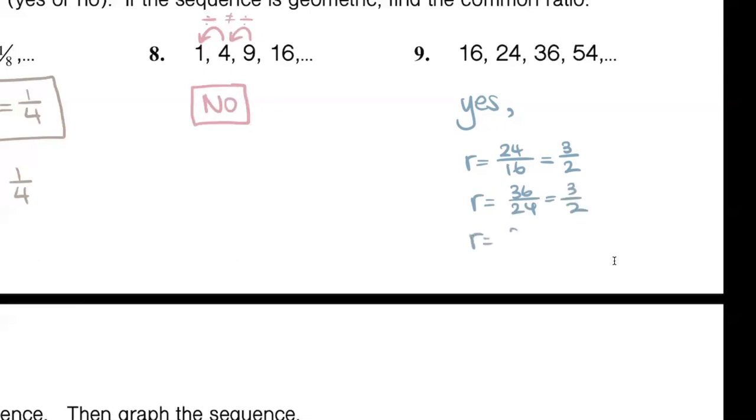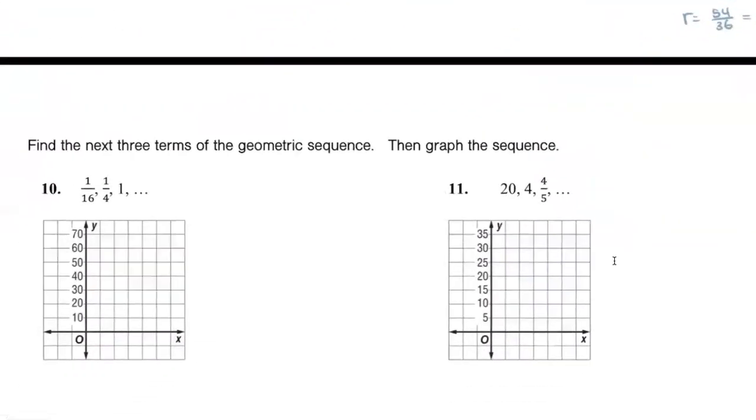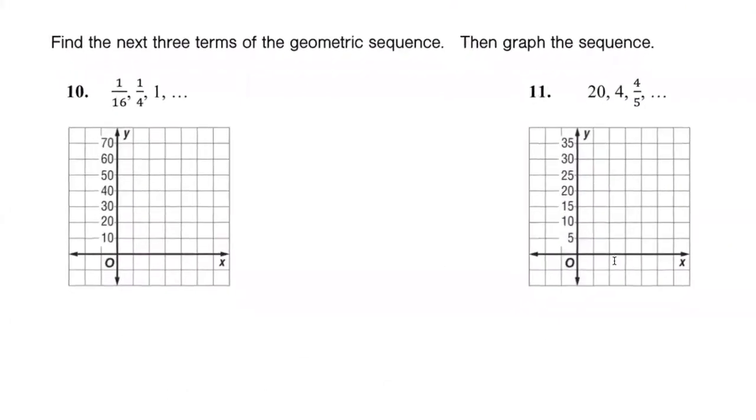If I divide 54 by 36, I can reduce that by 9 and then by 3. They're all equal to 3 over 2. So R is 3 over 2, or 1.5, either one. Good job, guys. Any questions on that? Beautiful. Let's go to number 10.